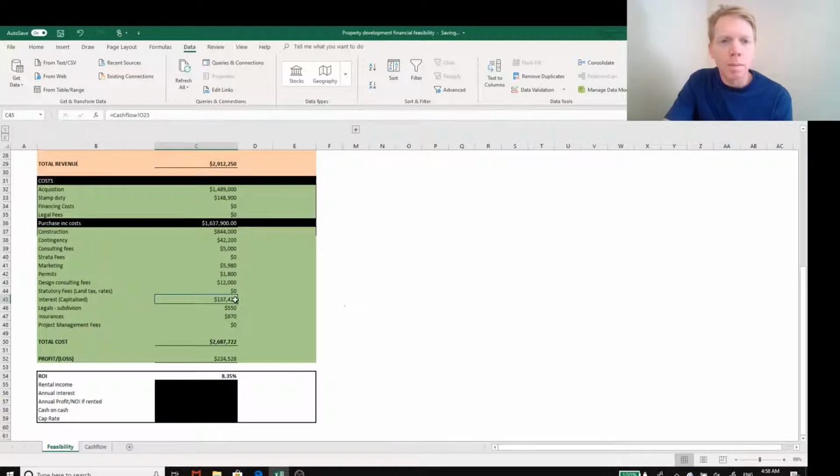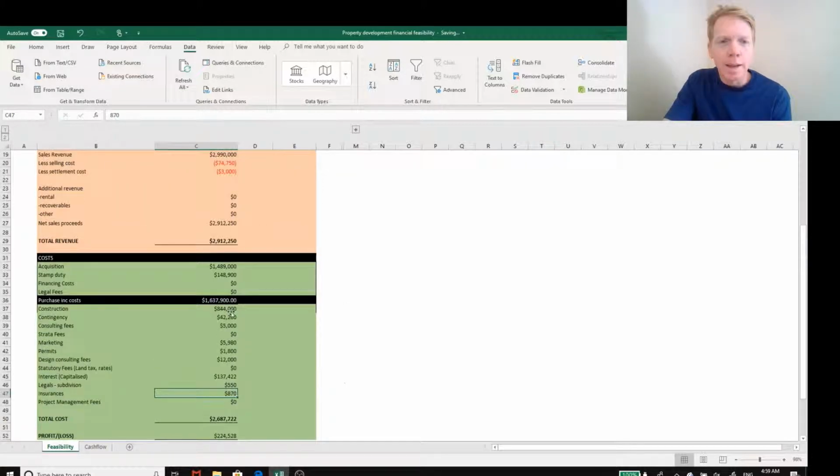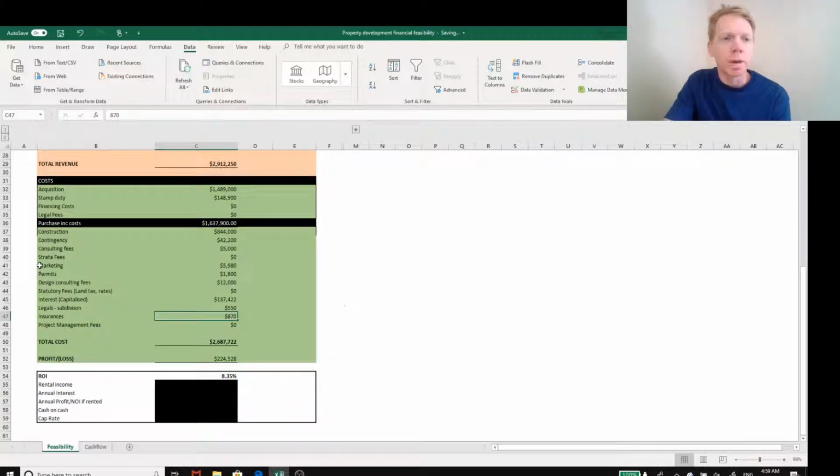And then, because this project is fully financed, we need to make sure we're taking into account all the interest, and all the interest is capitalized. Legals, what we have to pay for the subdivision, and insurances. Now, there could be a whole other raft of costs in there, but these are the main costs.